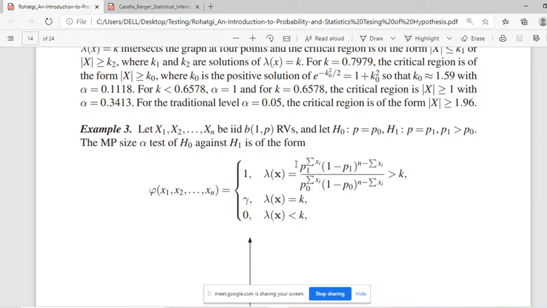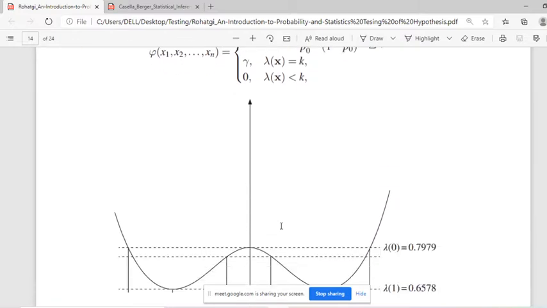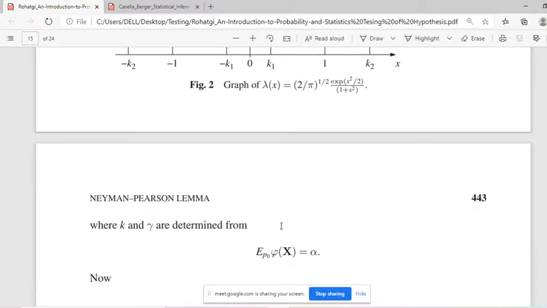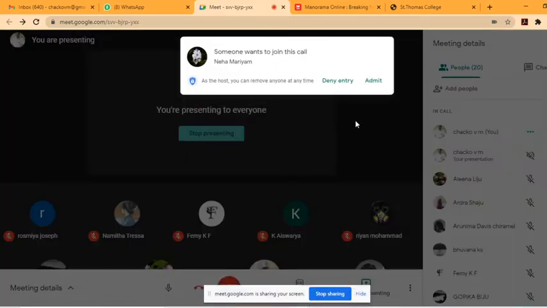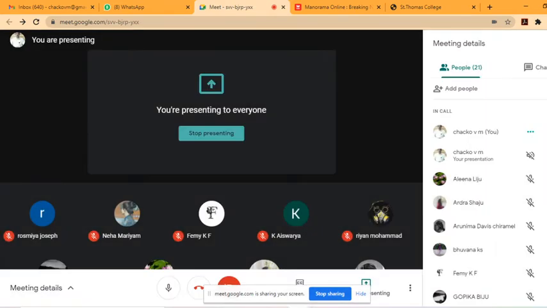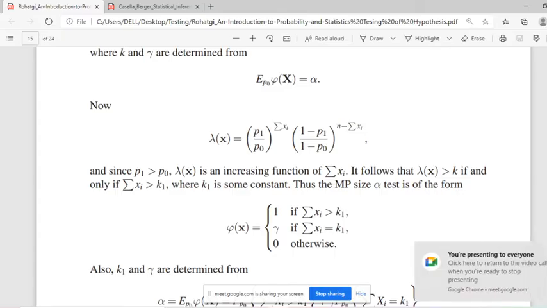So instead we write the test function phi as 1 if lambda x is greater than k, gamma if lambda x equals k, and 0 if lambda x is less than k, where k and gamma can be determined from the expectation of phi of x under p0 equal to alpha, that is, the probability of rejecting H0 when H0 is true.